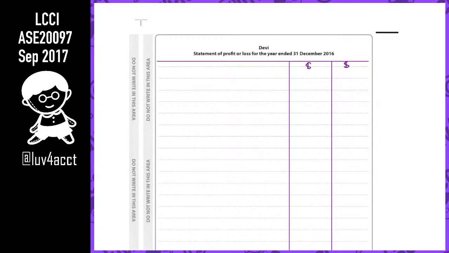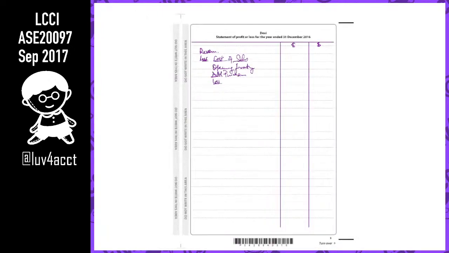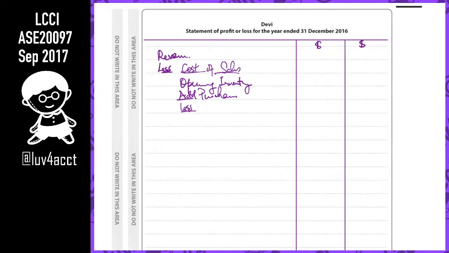So we have revenue, less cost of sales. Cost of sales: opening inventory, add purchases, less what do we have for adjustment for purchases?